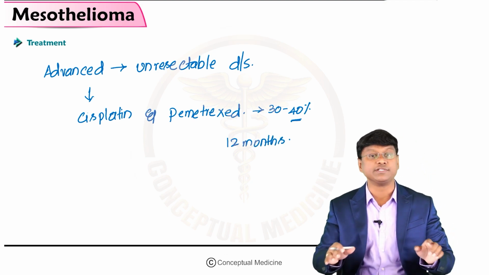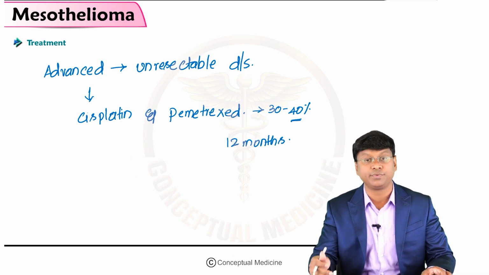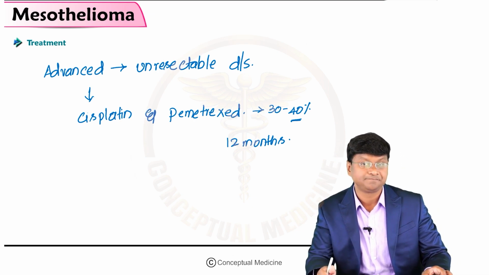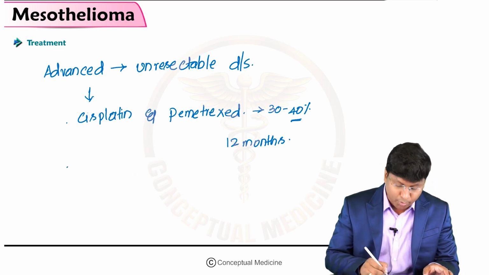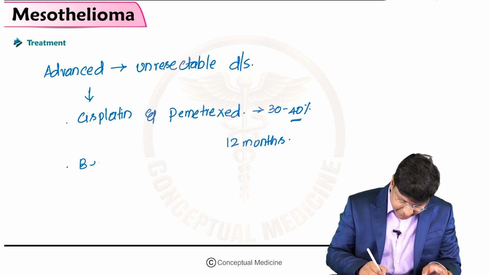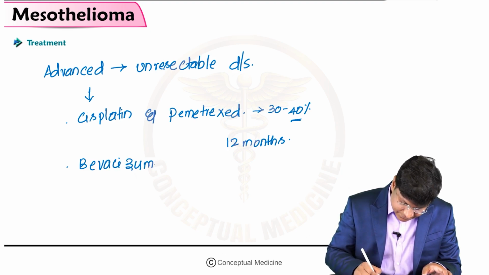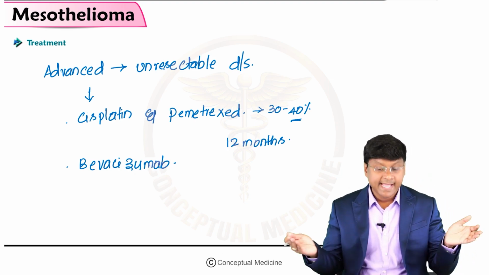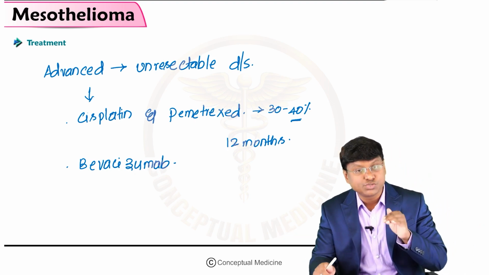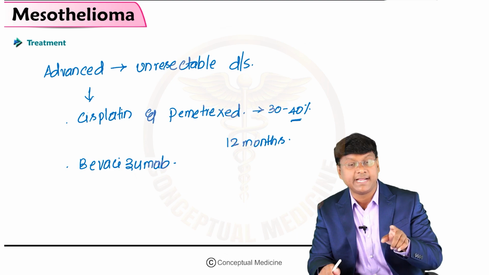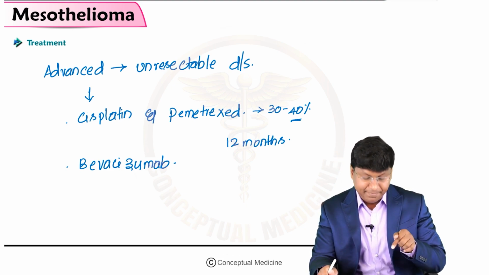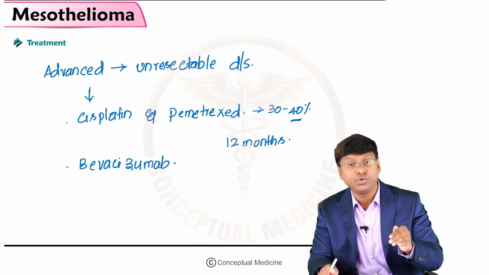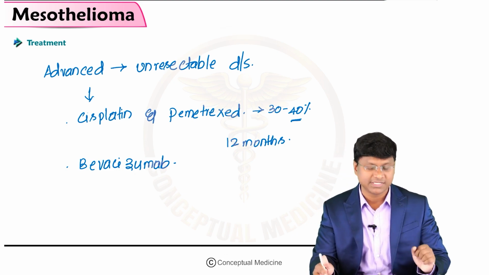That is the importance of this combination, and it can improve even the quality of life as well. Now, we have a monoclonal antibody, and that monoclonal antibody is bevacizumab. So, adding bevacizumab, which is a monoclonal antibody, to cisplatin and pemetrexed has been shown to further improve the overall survival.